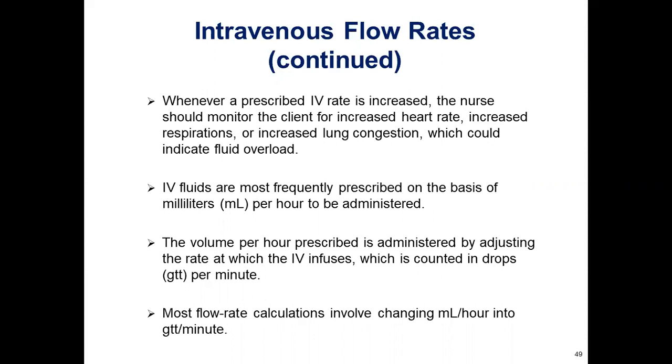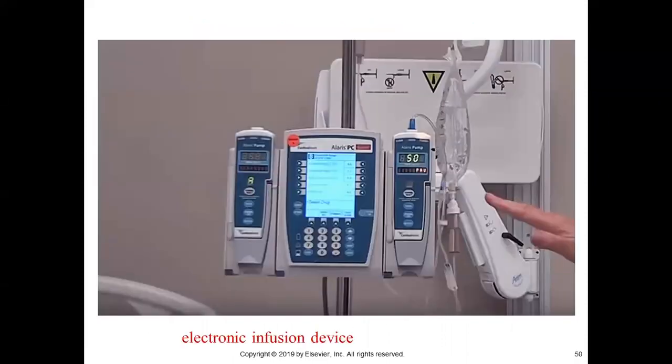Most flow rate calculations involve changing the ml per hour into drops per minute. GTT is the abbreviation for drops. You can see the electronic infusion device picture.